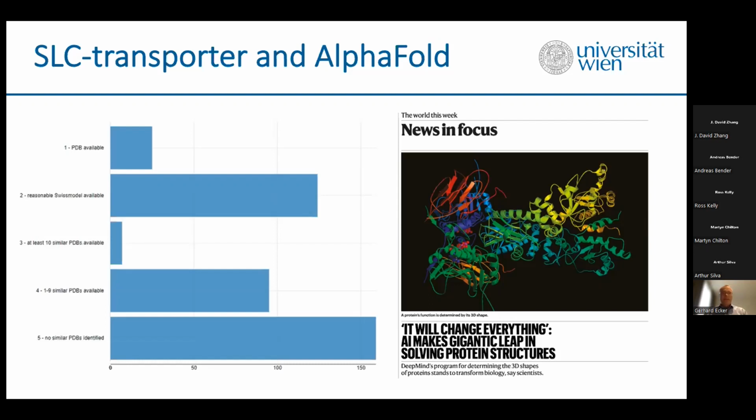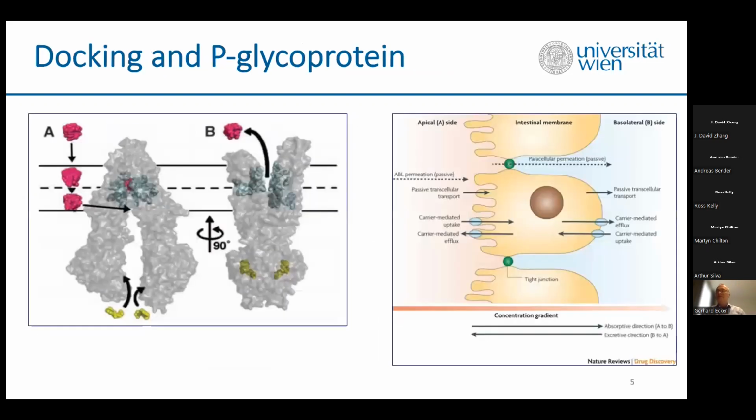So if there's nothing in PDB, you still need to invest time in bringing the proposed structures to a level where you can do structure-based design with them. And the second thing when you do structure-based design is the other side, bringing in the small molecule, docking the small molecule into the protein binding site.